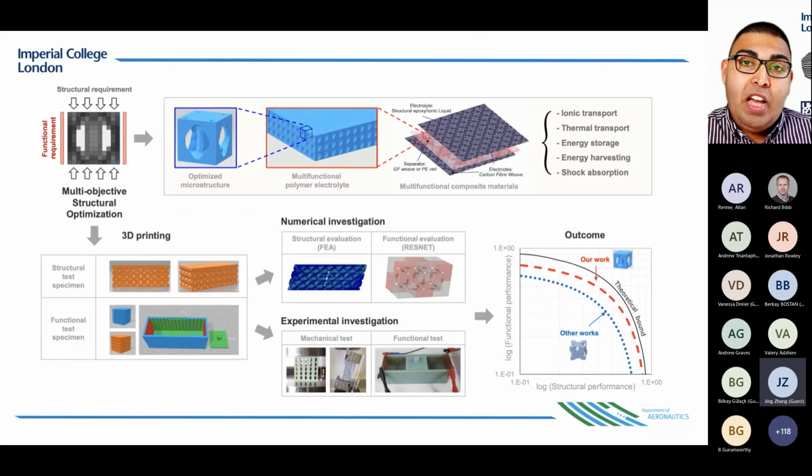An important thing to highlight is how this is of great benefit to other disciplines. On the extreme top left, you see one of the grayscale solutions just effectively shown to you in 2D. If we focus on the first set of images on the top, you can see how this can be used within a sandwich composite structure where we have the structured polymer electrolyte serving the needs for high ion transport, energy storage, energy harvesting, etc. We did some prototyping in terms of 3D printing some of these microstructures, testing them both numerically and experimentally.